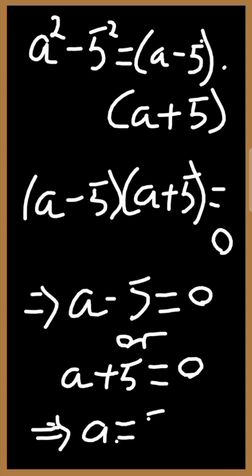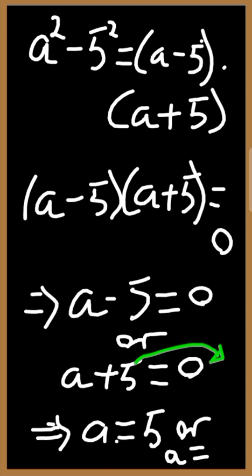This will give us a to be 5, or the next, a will simply be equal to transferring positive 5 to the right, it becomes negative. So this will give us a to be negative 5.